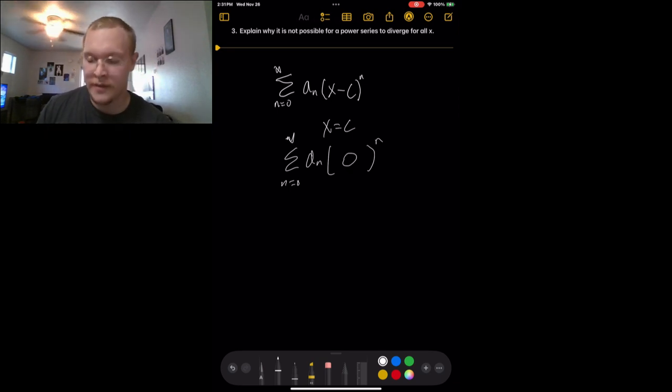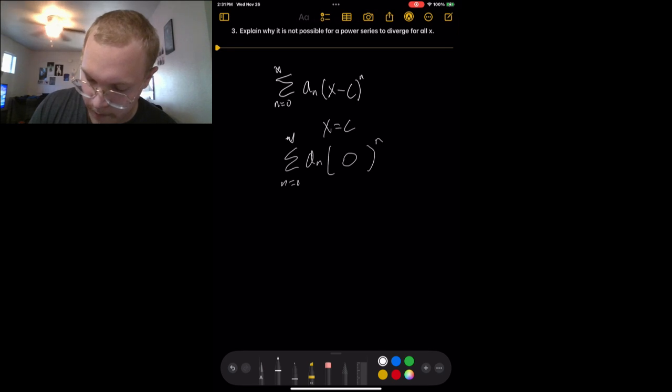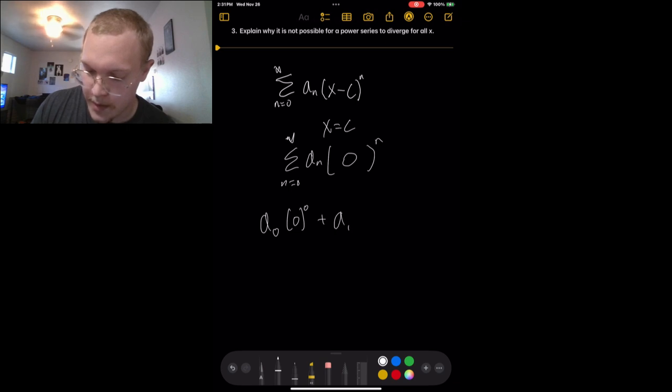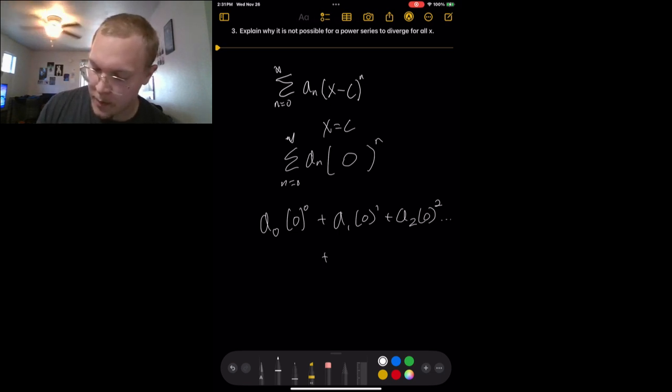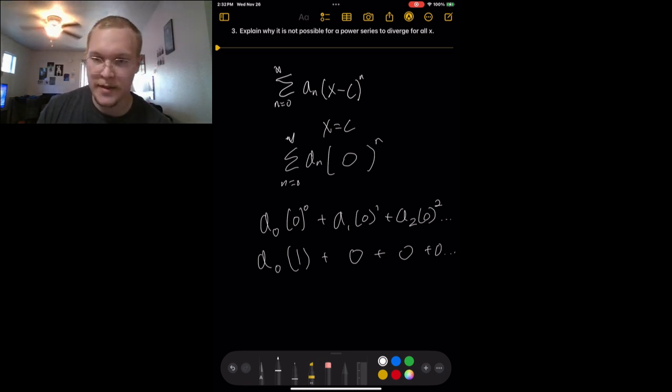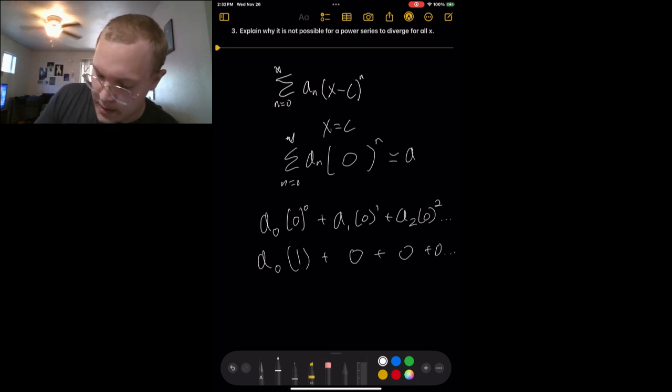Now, if we look at the terms for this series, we will have a sub 0 times 0 to the 0th plus a sub 1 times 0 to the first plus a sub 2 times 0 to the power of 2, etc. If we look at all the terms here, we will have 0, 0, 0, etc. except for this first one, because 0 to the 0th power is defined as 1, and so we have a sub 0 times 1 plus a bunch of zeros, which makes this series actually equivalent to a sub 0.